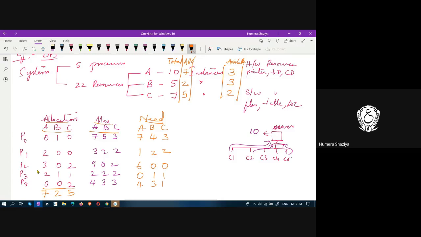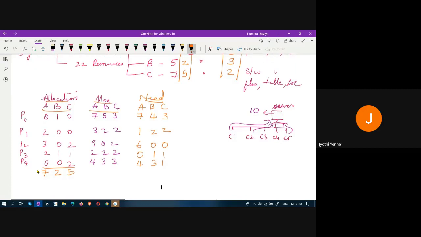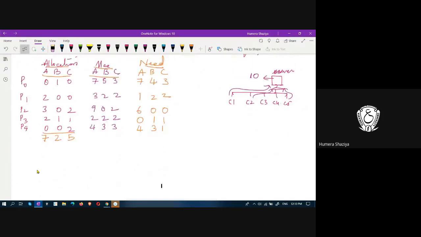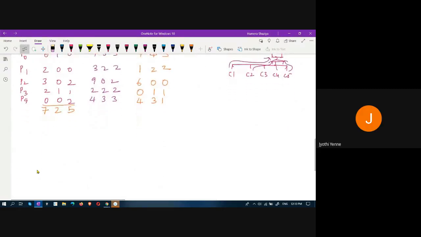These are the total requirements, these are the allocated resources, and these are the remaining requirements. This one is clear, right? Now we have to go through the Banker's algorithm by taking a resource request.